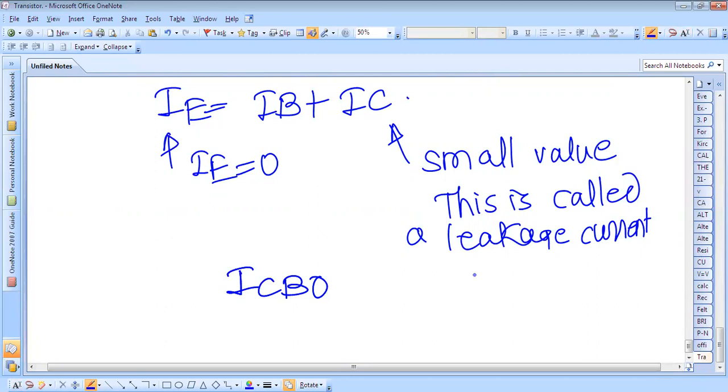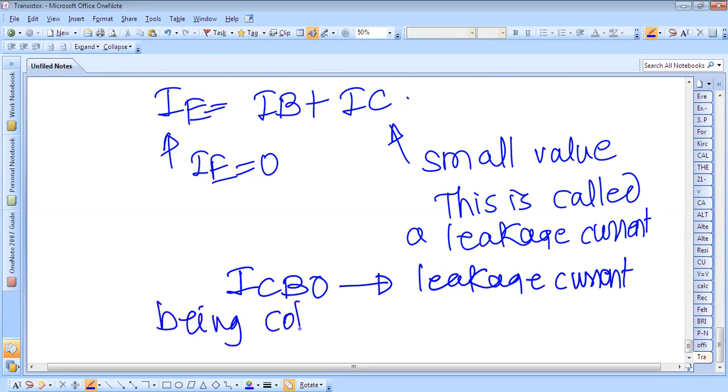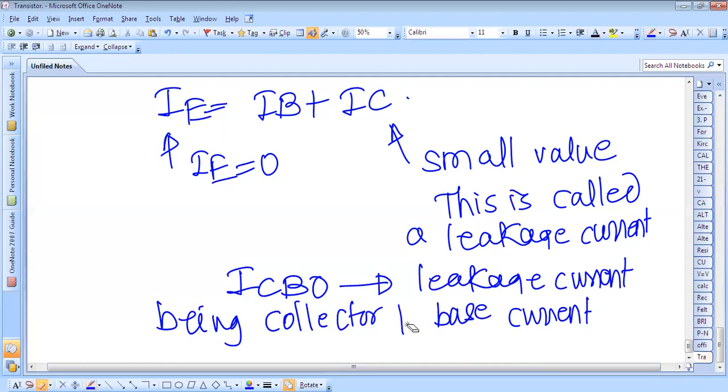Now if you reconnect the emitter, the emitter current will flow, but the leakage current is still present, and therefore the total collector current we can write, this is the leakage current being the collector to base current, or we can say collector base current with zero emitter current.